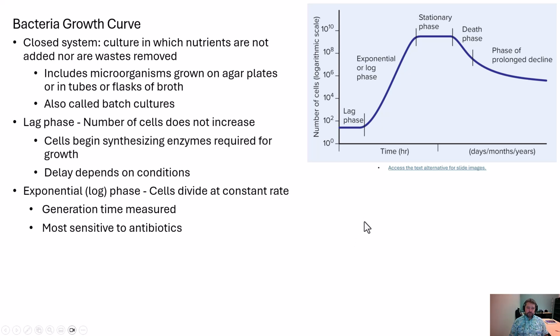The other note that I want you to know is this is the most sensitive phase for the majority of our antibiotics. Remember, a lot of our antibiotics block different things, or break bonds, or affect something in the organism. For example, the penicillins will go in and break the linkage in the peptidoglycan layer.